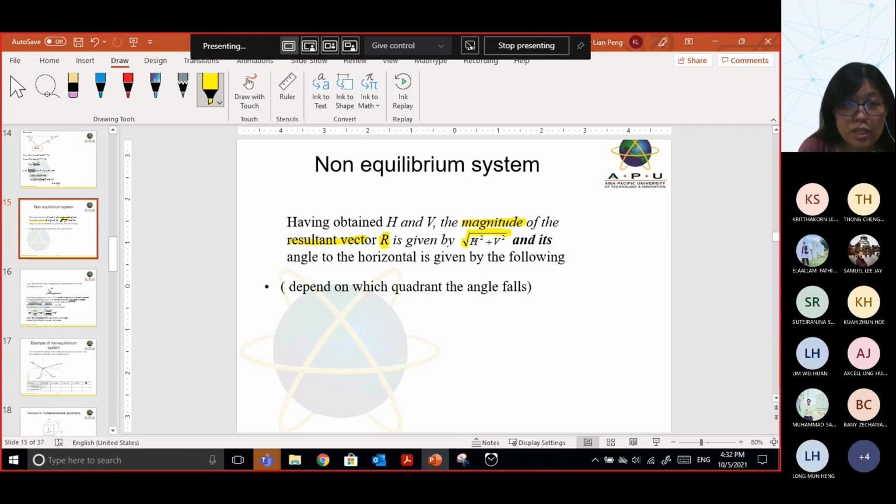So which is the square root of H squared plus V squared. So H is referring to the total horizontal component, and V is the vertical component. Okay, and then the angle to the horizontal is given by the following.